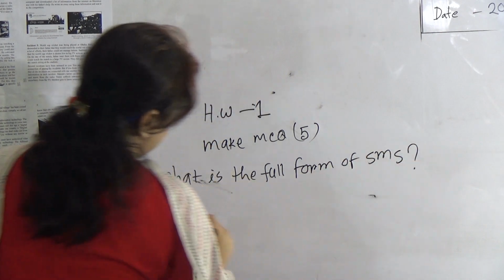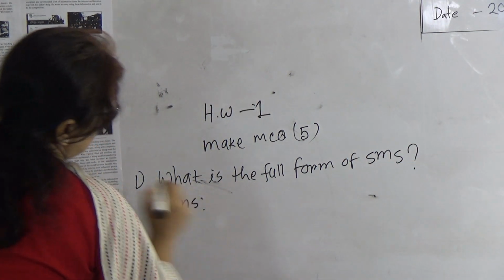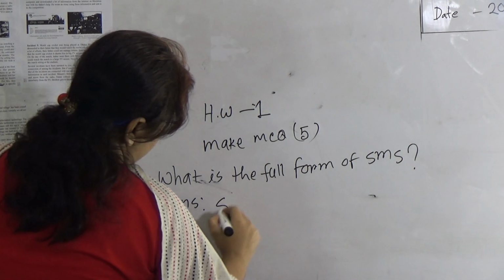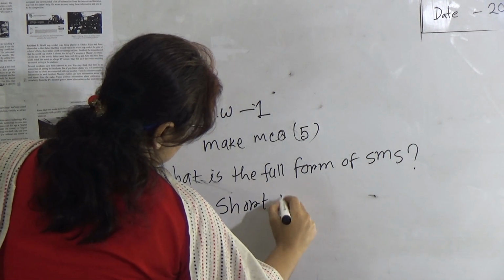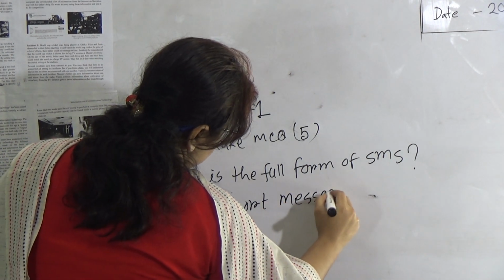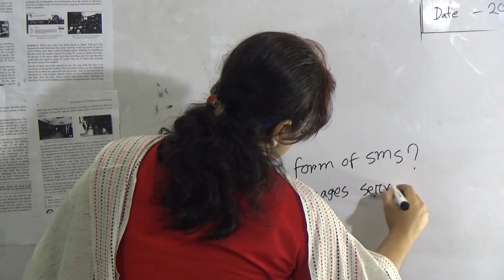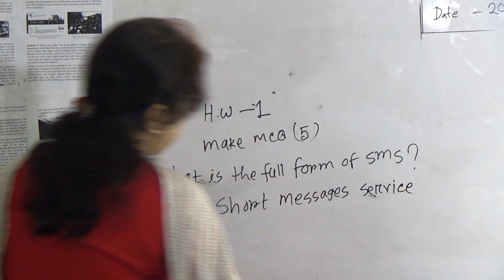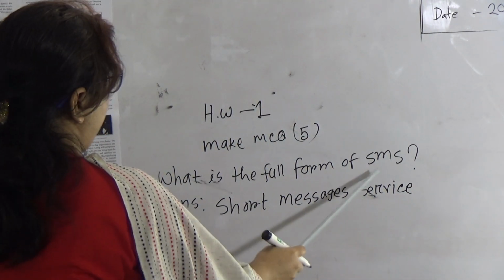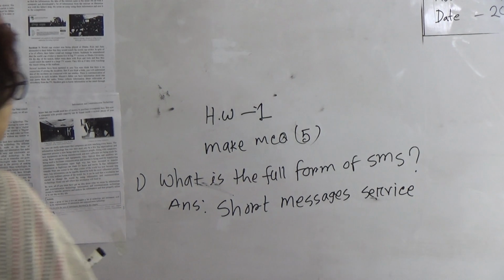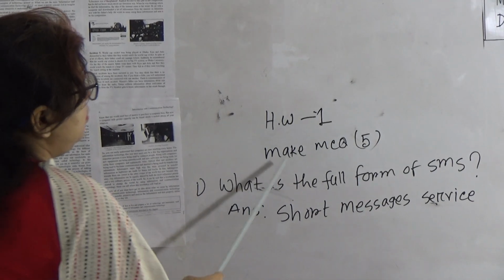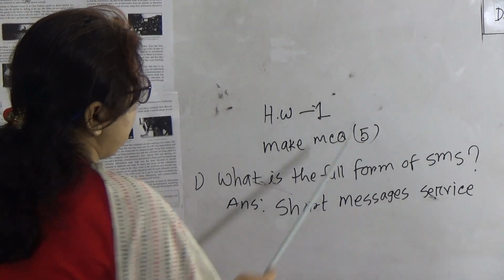The answer is: SMS short form is short message service. Short message service is the full form of SMS. So, this is the way to do your homework, make MCQ 5.